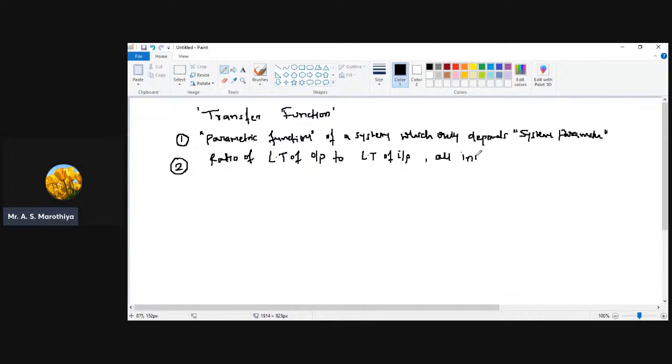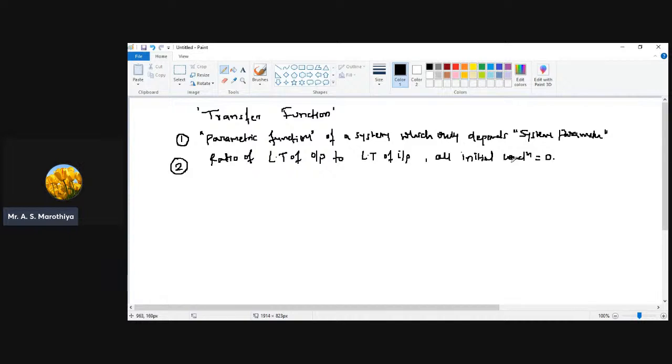This is very important. This is another way to define transfer function. It is nothing but the ratio of Laplace transform of output to Laplace transform of input by assuming all initial conditions to be zero.